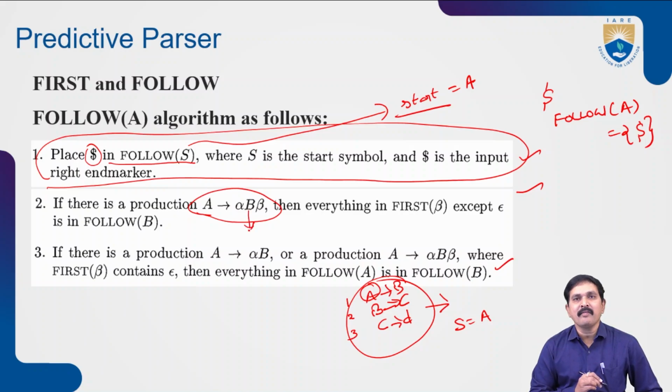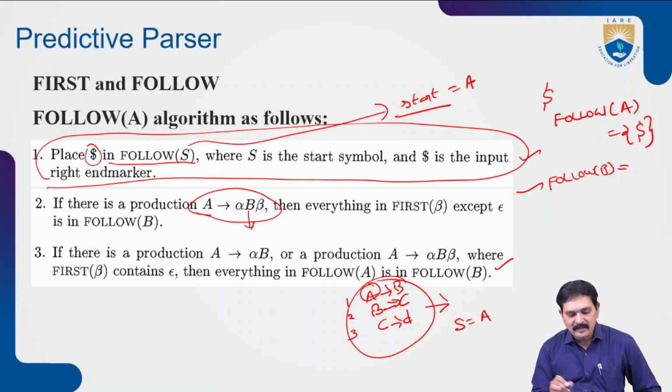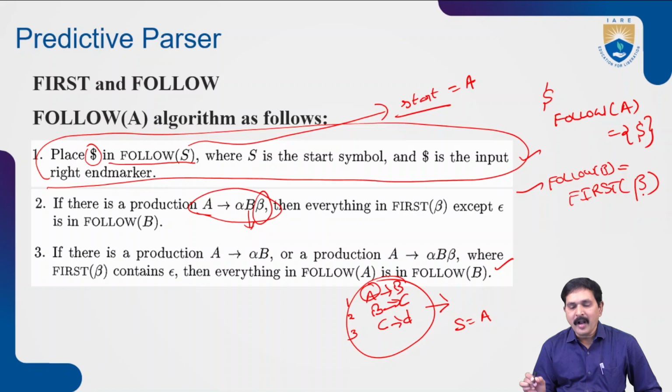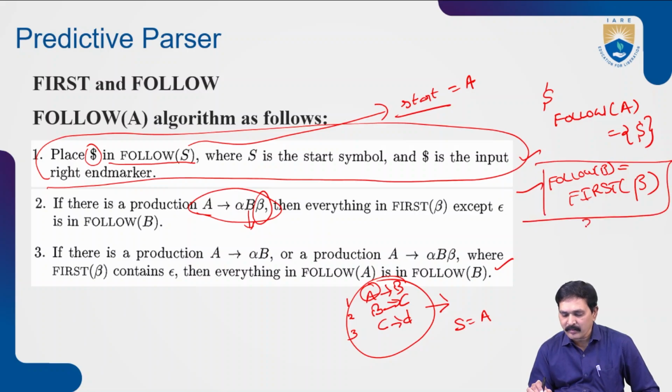Your focus is the follow of B. B is followed by the symbol beta. So follow of B is equal to, you can apply first of beta. Already you know the procedure of how to apply the first algorithm for any particular string. So this is the idea of the second rule.